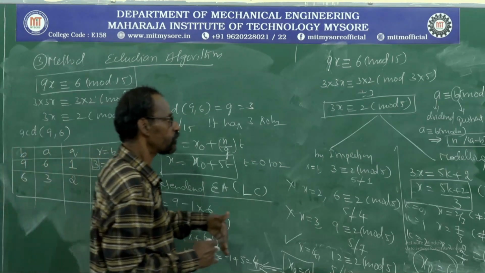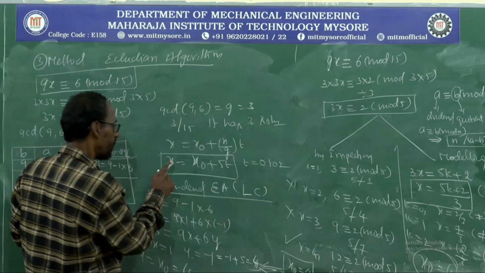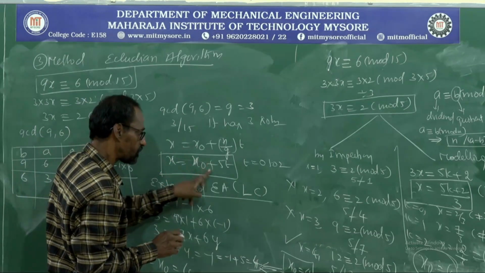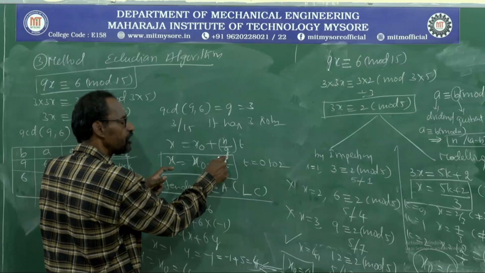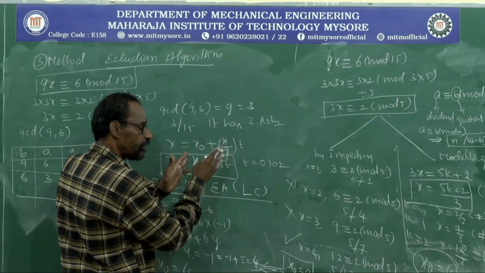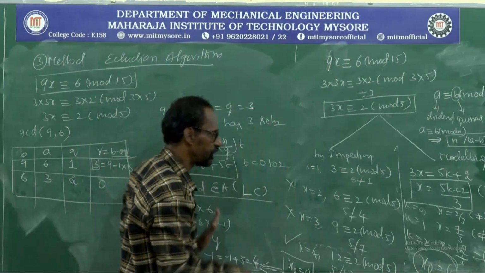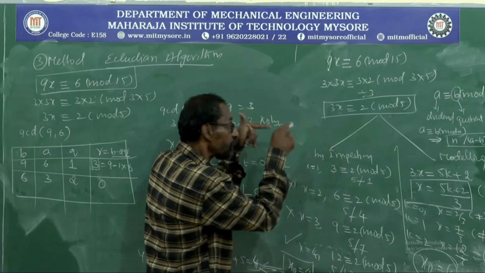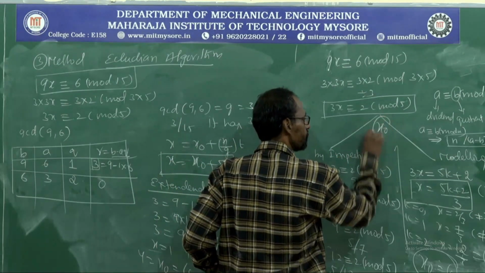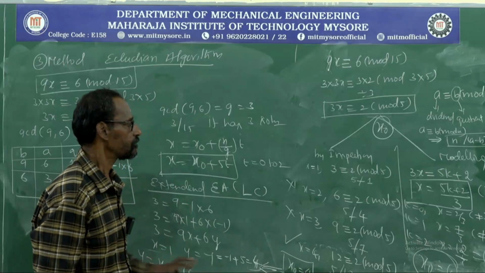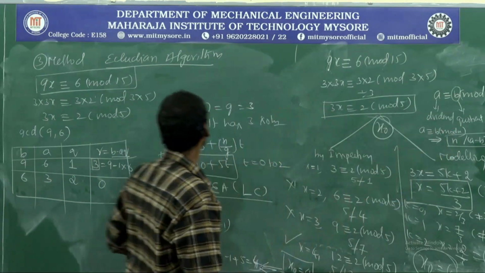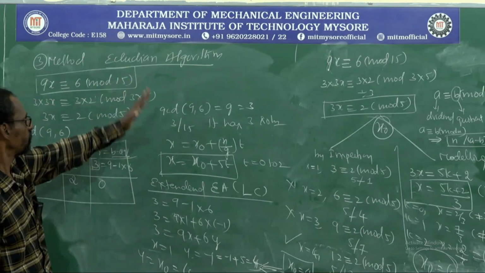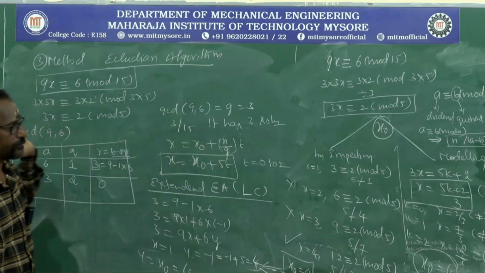If there are many solutions, remember the modeling: x is equal to x naught plus n by g times t, where t runs from 0 to 1 less than the GCD. Now the question is how to find x naught. There are 3 approaches: by inspection, by modeling, and using the extended Euclidean algorithm.